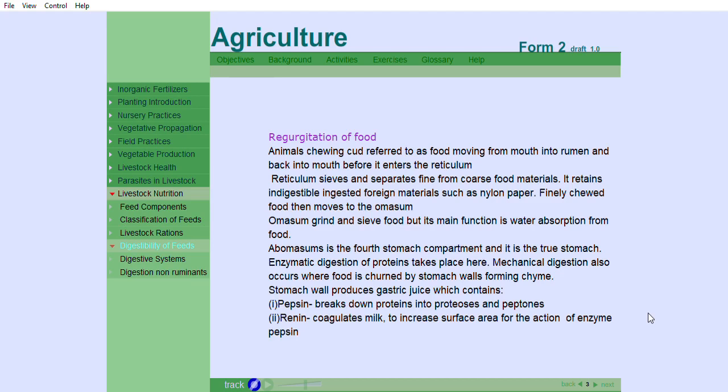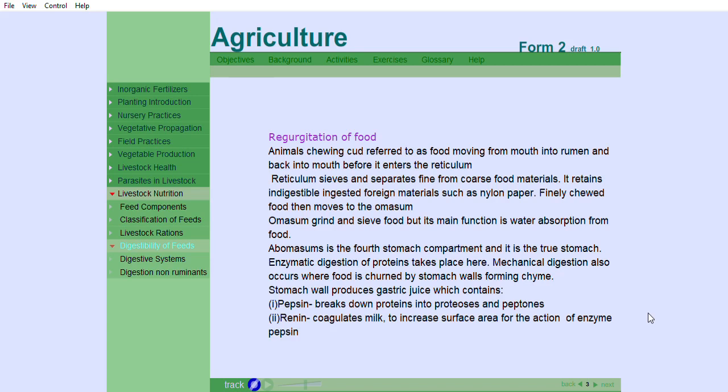Abomasum is the fourth stomach compartment, and it is the true stomach. Enzymatic digestion of proteins takes place here. Mechanical digestion also occurs where food is churned by stomach walls forming chyme. Stomach wall produces gastric juice which contains pepsin, which breaks down proteins into proteases and peptones.